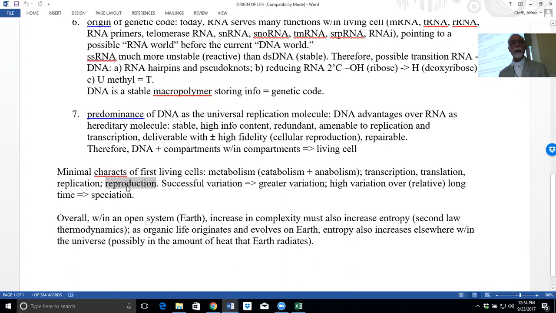So if that occurs, then that's one of the key points for life that can reproduce itself with more or less fidelity. And then within that cell there will be some variation, which in the long term could lead to speciation, especially if there is geographic or local isolation.